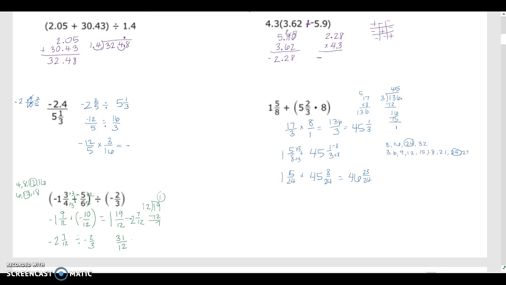Now I'm going to keep change and flip it. So 3 over 2. Now don't forget, I had these negatives, but a negative divided by a negative is a positive. Good. So my sign no longer matters. So I'm going to do 31 times 3 and 12 times 2, and then simplify.